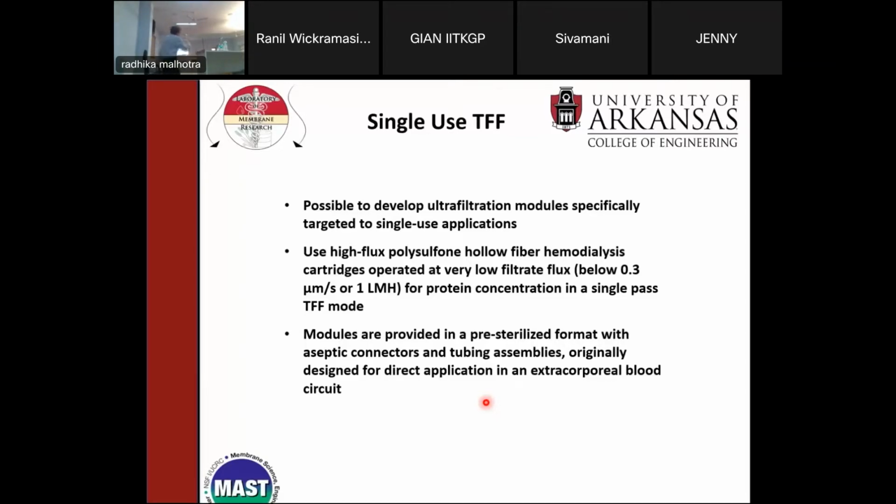What I prefer to have is feed come in through your UF module, and then the retentate goes off somewhere else, and the product continues, and you don't have any recycle. That's what you'd like to have. So the suggestion is that this could be done, and I'll show it in the next slide. Now, the hemodialysis cartridge is for dialysis, so it's a dialysis process, not an ultrafiltration process. Does anyone know the difference?